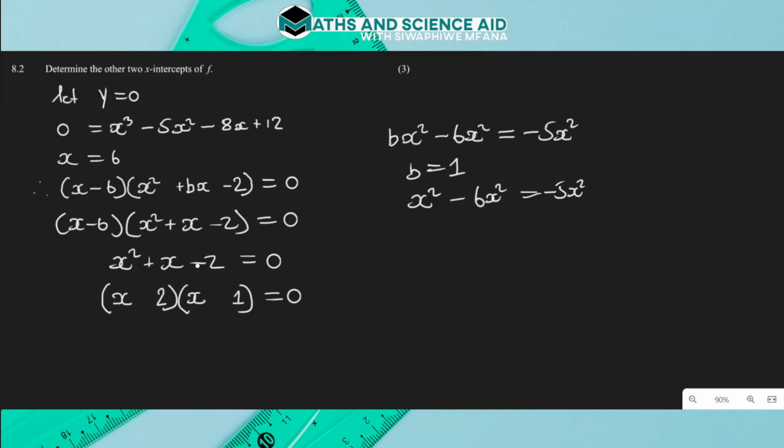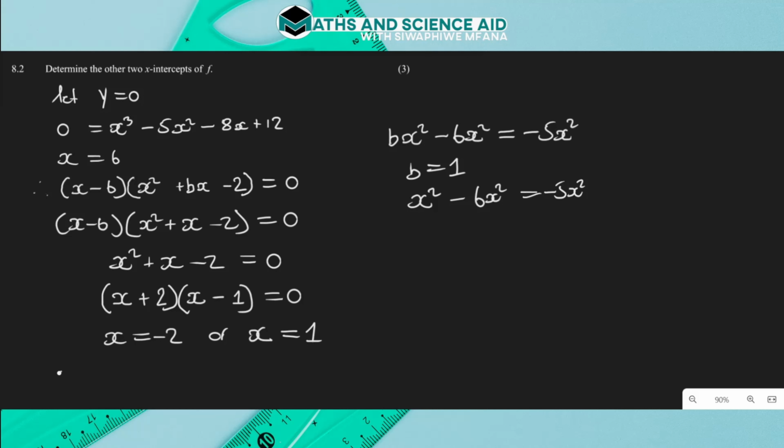So the fact that this is negative, it means that the signs that will go into the brackets are not going to be the same, and the bigger number must have the positive sign. So 2 here must be positive and 1 must be negative, and therefore x is going to be equal to negative 2, or x is going to be equal to 1, right?